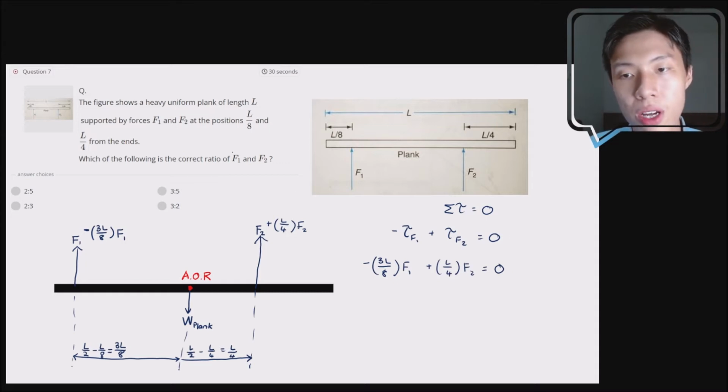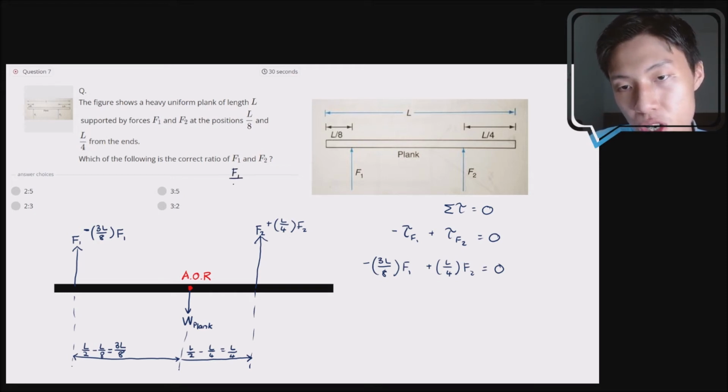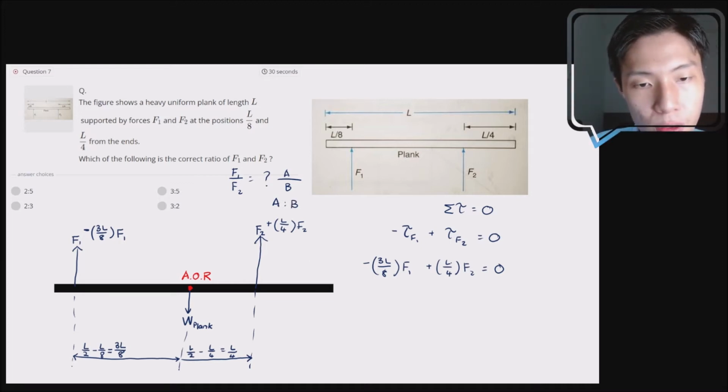Now we are trying to find a ratio between F1 and F2. That means later we want to construct an equation to be F1 divided by F2 equals to what? Let's say if it equals A over B, then the ratio will be A to B. That's what we want to go for.